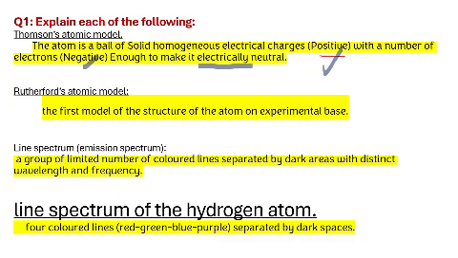And now we come to another question. Question number two asks you to explain Rutherford's atomic model. Rutherford was the first scientist to make some experiments. He made his famous experiment.